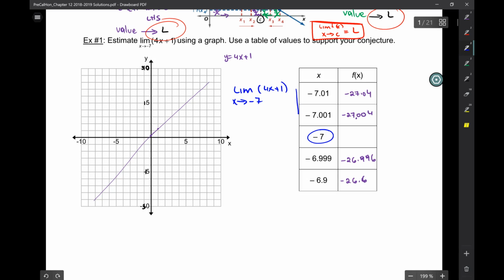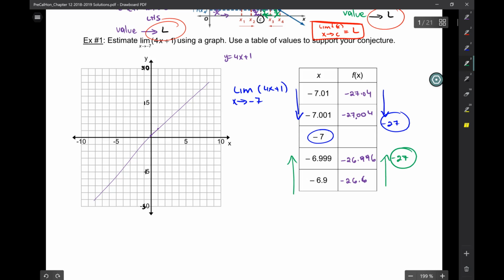So as I'm approaching -7 here, what value is y approaching? -27. As I approach -7 from the other side, what y value is this approaching? -27.